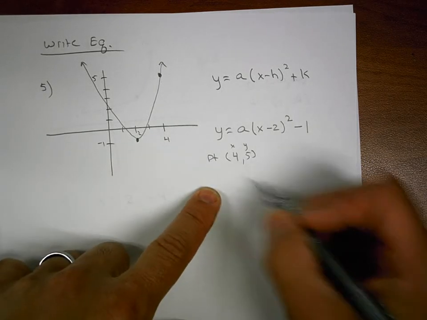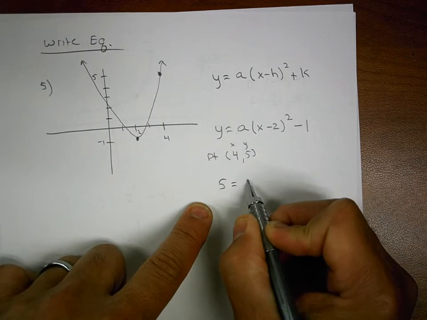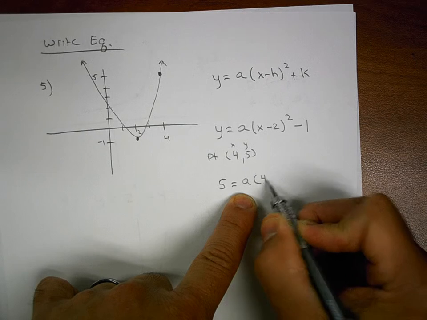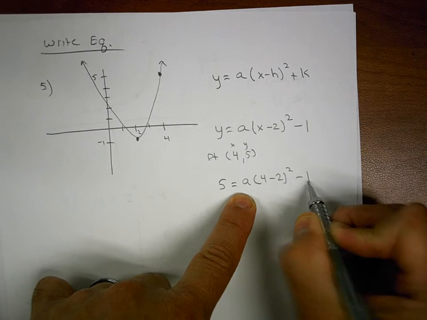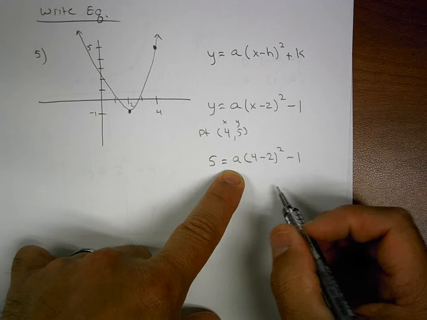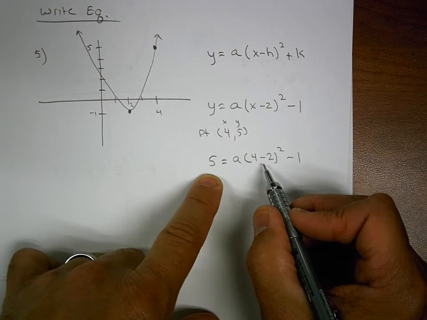Okay, so let's plug it in. So y is 5. So 5 is equal to a times x, which is 4, minus 2 squared, minus 1. Now let's go ahead and PEMDAS. Please excuse my dear Aunt Susie. Just kidding.